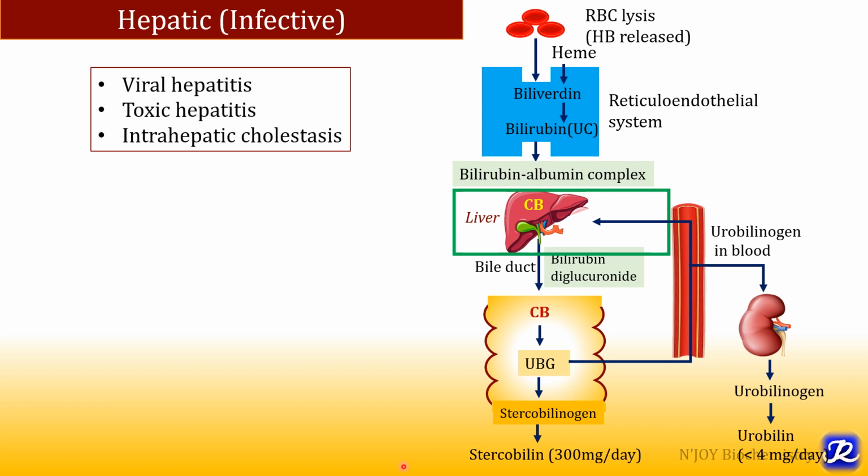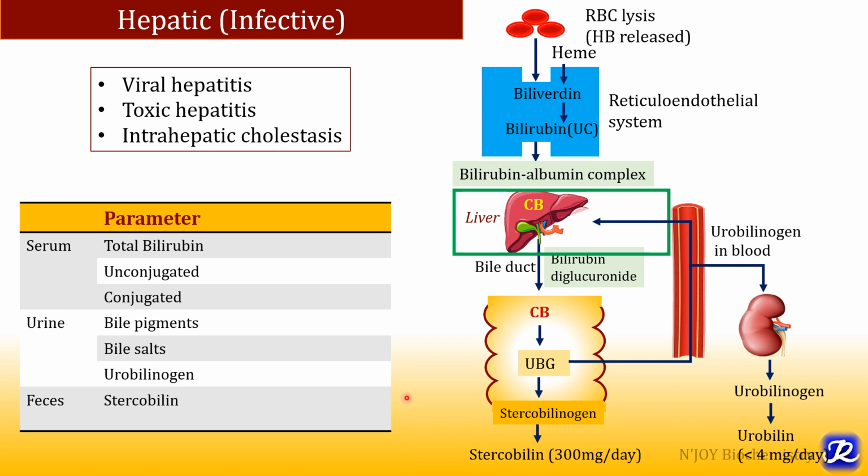It can be caused by hepatitis A, B, C, or hepatocellular carcinoma, toxic hepatitis, and liver damage due to various hepatotoxic drugs. There can be intrahepatic cholestasis due to obstruction to the bile flow from the intrahepatic bile duct. So all these conditions can lead to this hepatic jaundice.